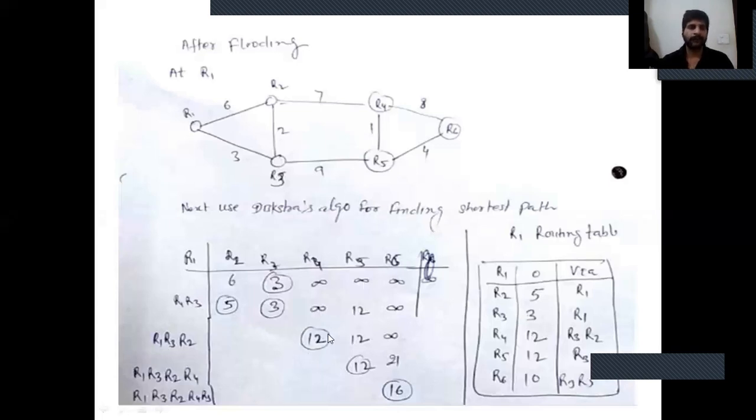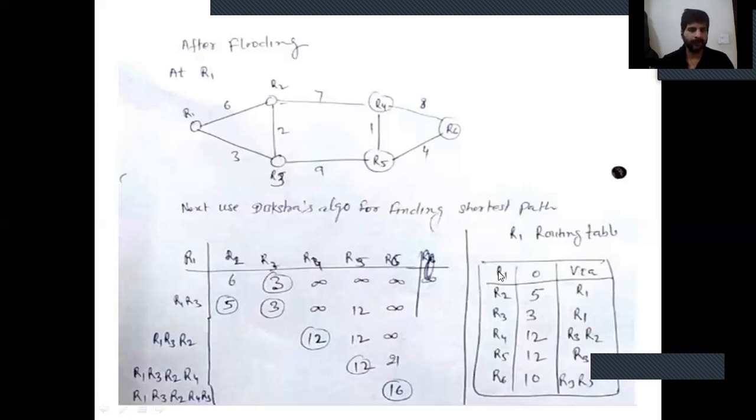We choose R4 here because R4 and R5 both have equal distance. So we first choose the R4 router. Now we traveled from R1 to R3, R2, R4, and next we continue. So the sequence we found is R1, R3, R2, R4, and here we create the routing table.